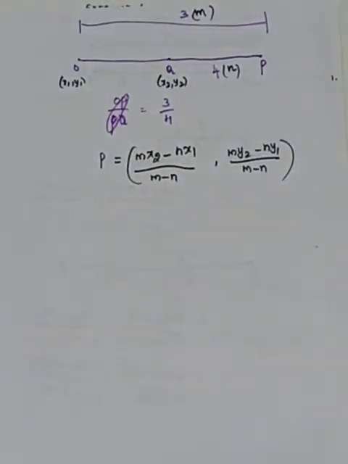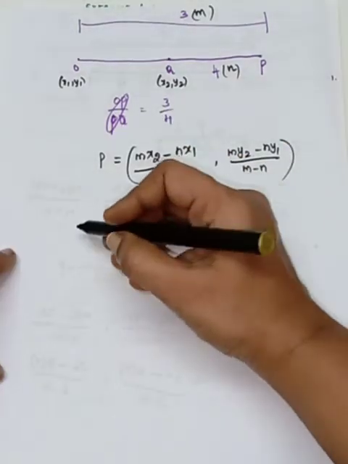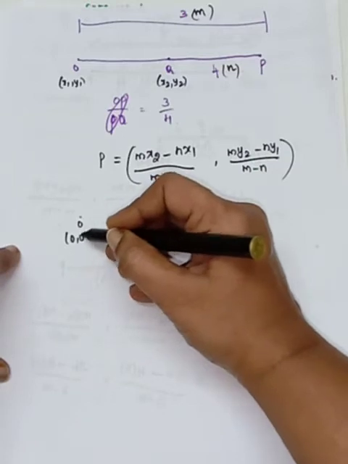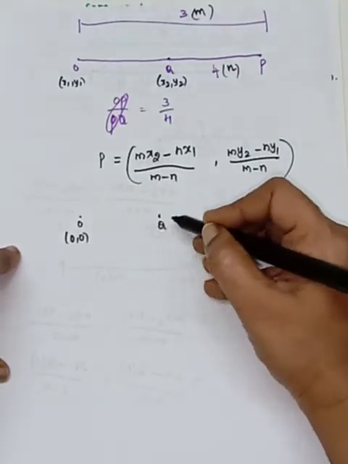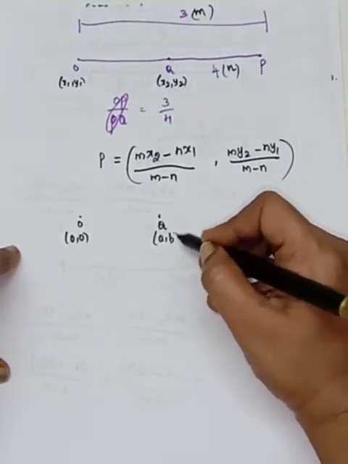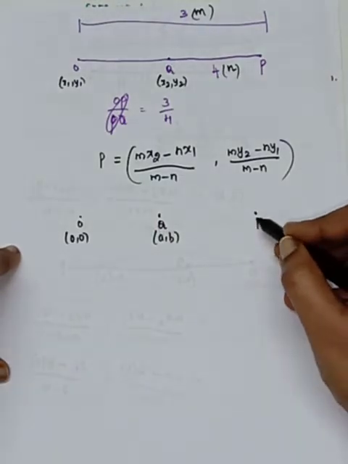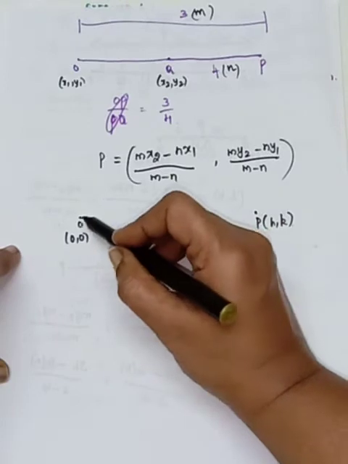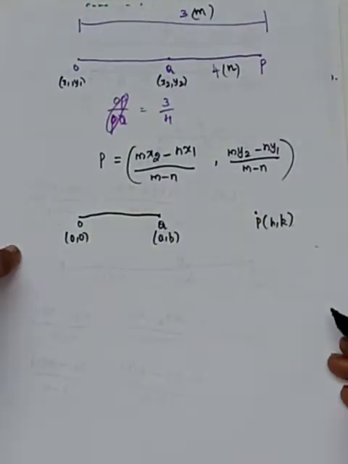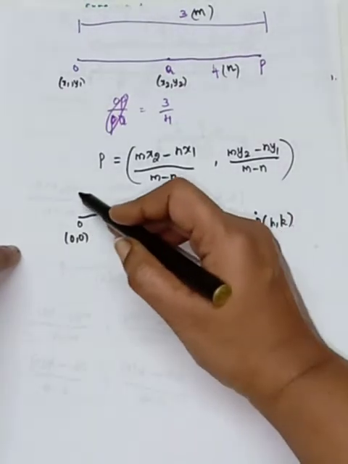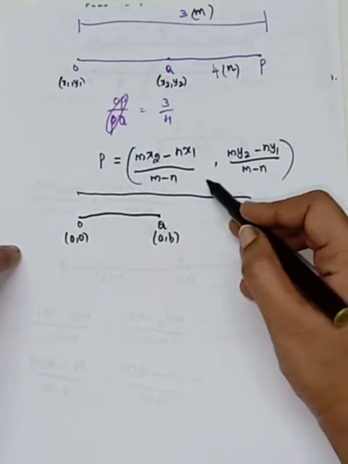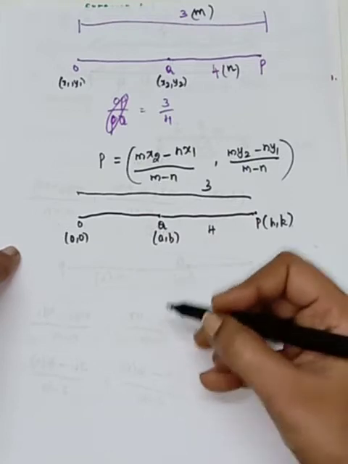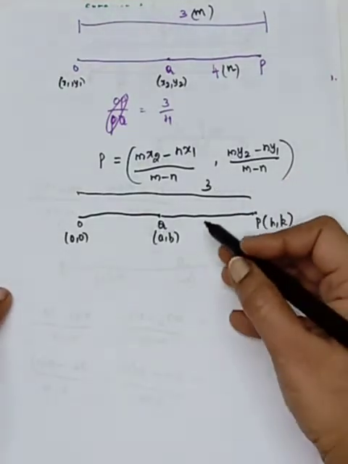So, using this formula, O is (0, 0), and Q point we have taken as (a, b), and P point whose coordinates we have taken as (h, k). This P divides OQ externally in the ratio 3:4. So, OP is 3 and PQ is 4, so your m is 3 and n is 4.